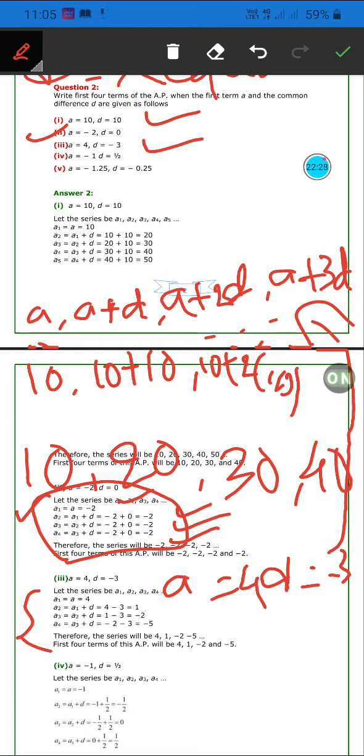What is the a value? 4. What is the d value? Minus 3. 4 minus 3, what does it become? 1. The first value a1 is 4. a2, what does it become? a1 plus d, 4 minus 3, it becomes 1.